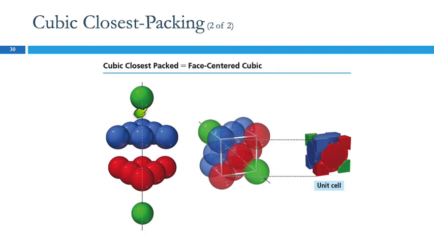So here's our 3 layers. There's the first layer. The second layer is offset from the first layer. The third layer is offset from both of those layers. And then the fourth layer now is going to be in line with the first layer. So imagine pushing all those together, tipping it on its side, and chopping it, and you get that, which is the face-centered unit cell.